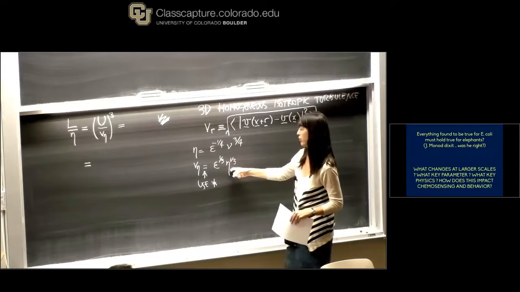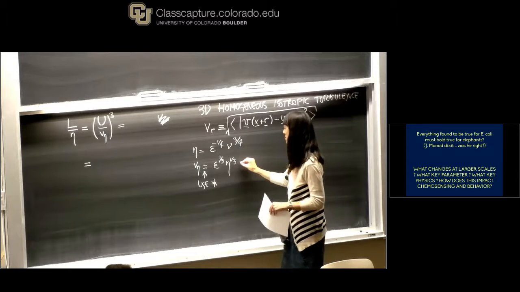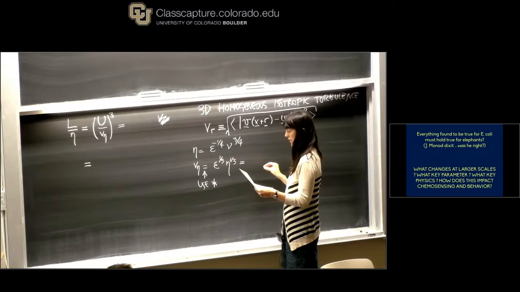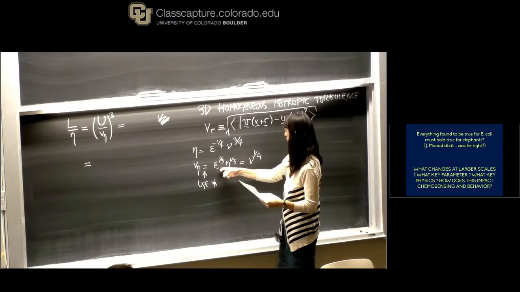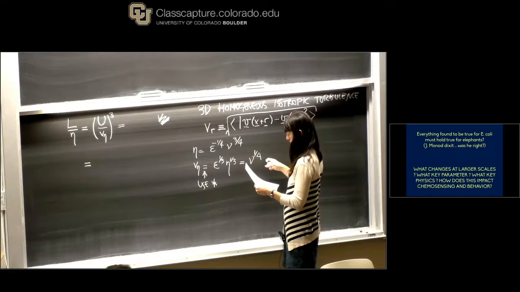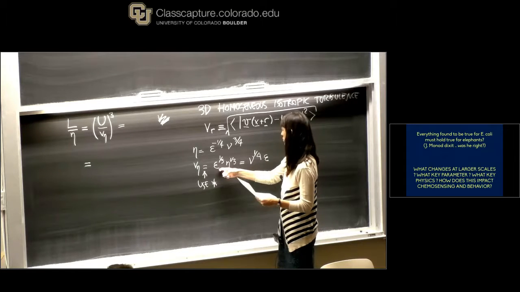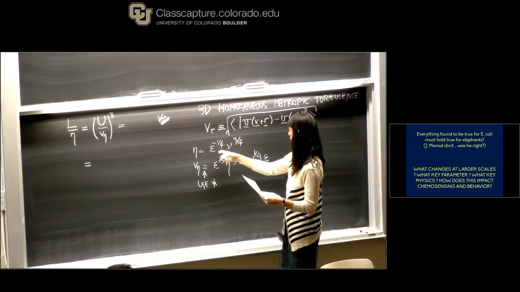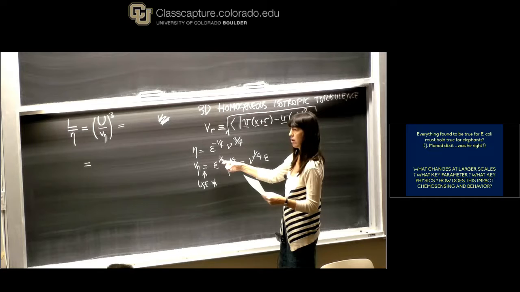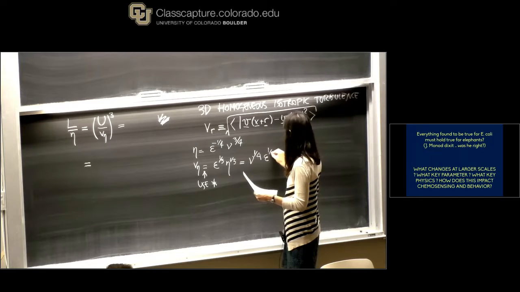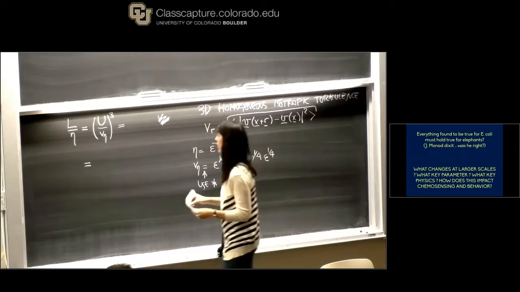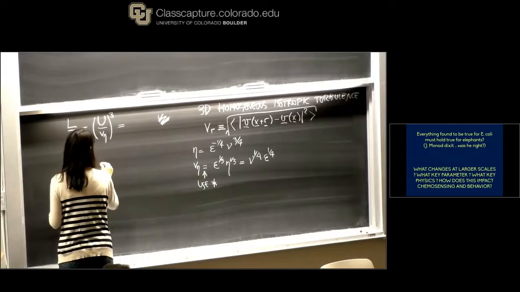Okay, and so if you put eta in, now we know what eta is. That gives you the relationship for V eta, which is nu to the 1/4, and epsilon to 1/3 minus 1/12, which is 4 minus 3, 1/4. Correct? Yes. Great. Okay, so now we can put it in here.